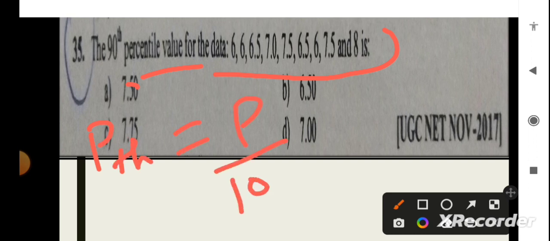Now let's see this question in which we have to find the 90th percentile for this data. As percentiles give us the rank and are a measure of location, for solving this we have to arrange the data in ascending order and use the formula: pth percentile is equal to p upon 100 times (n plus 1).